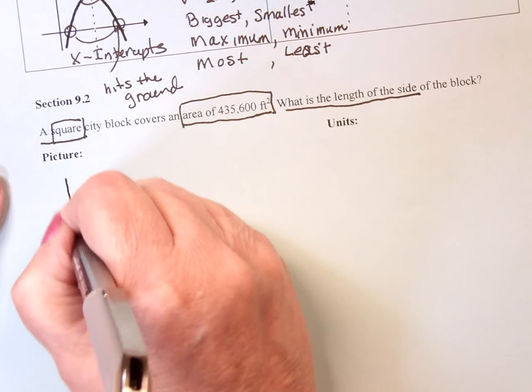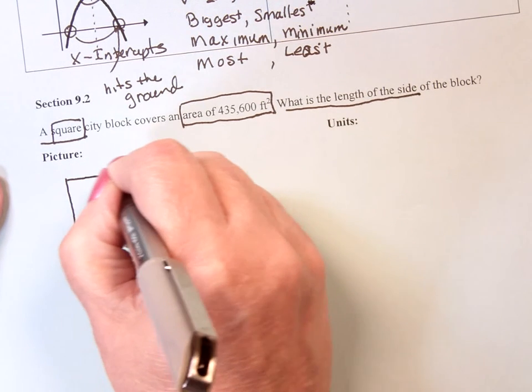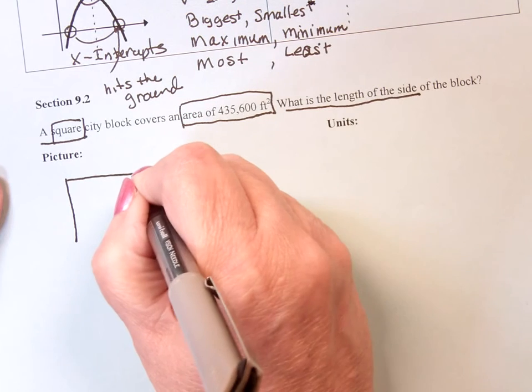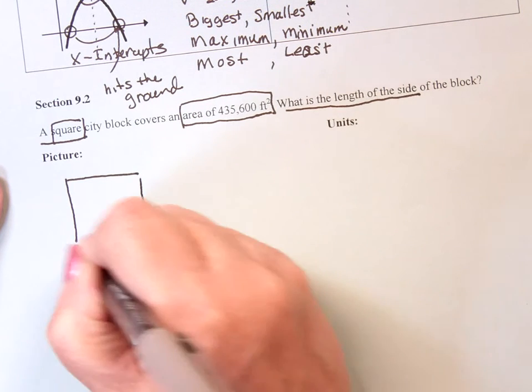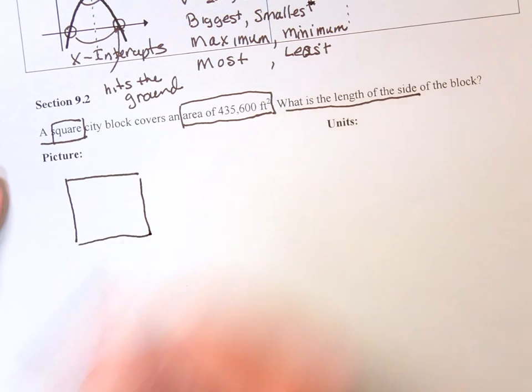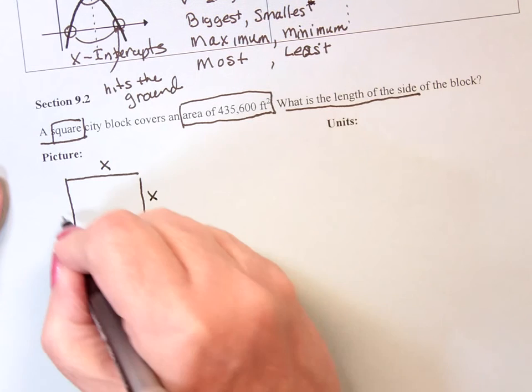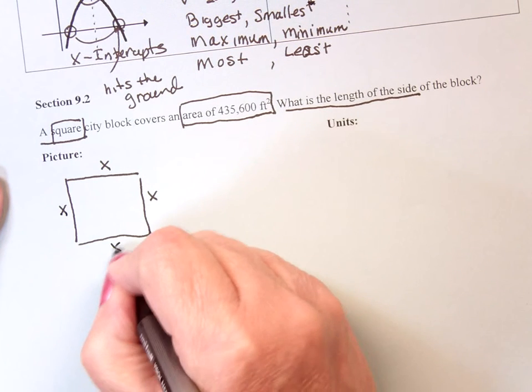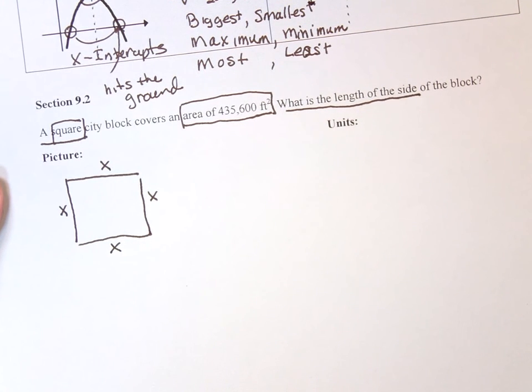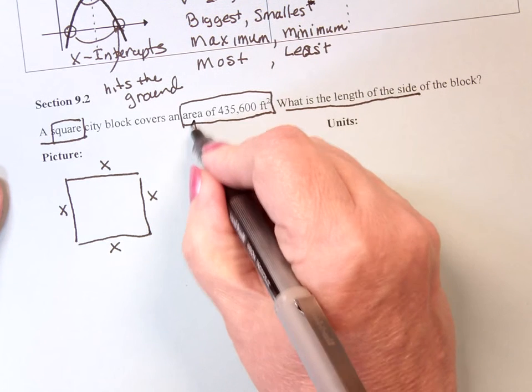If I draw a picture, it tells me what I'm dealing with is a square. And what do I know about the sides of the square? The sides of the square are all the same. And then it mentions the word area.